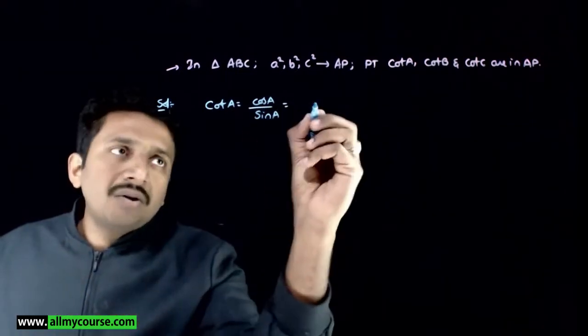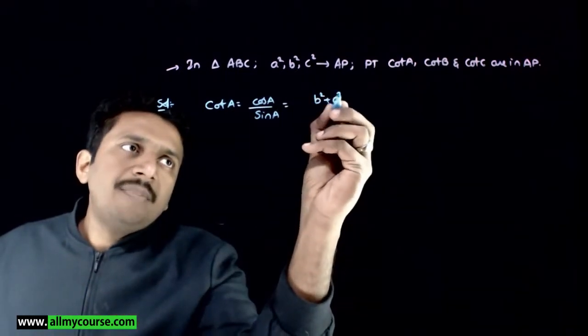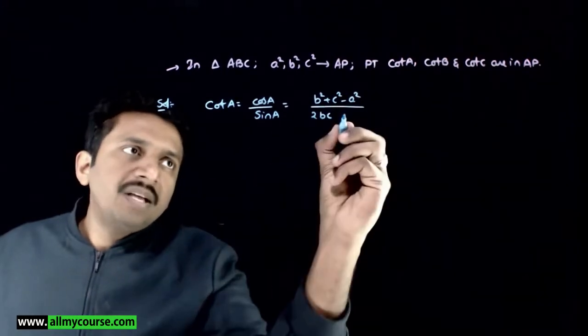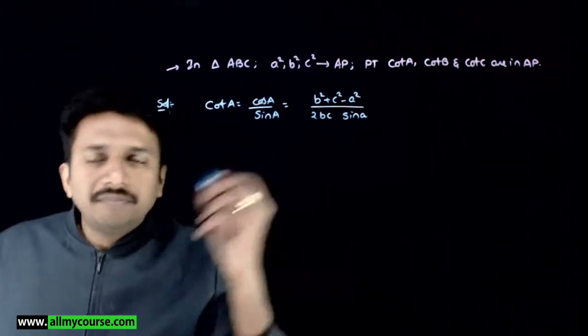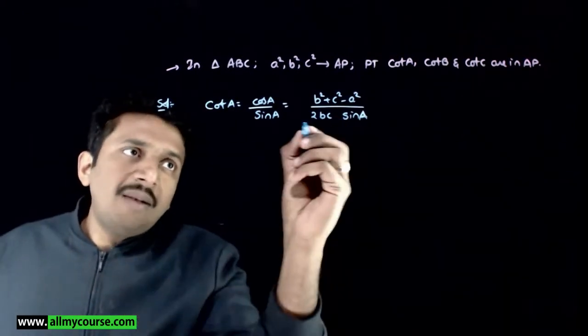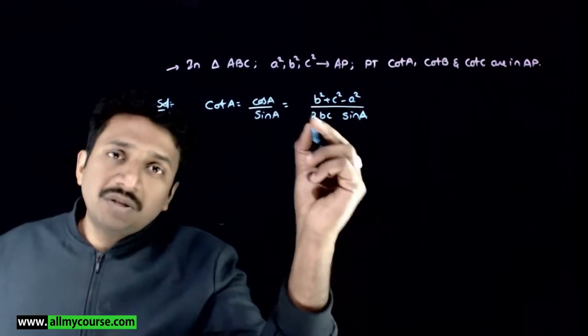That is equal to, what is cos A? (b square plus c square minus a square) by 2bc into sin A, sin of capital A. So what I do is, I'll multiply and divide this expression with a.